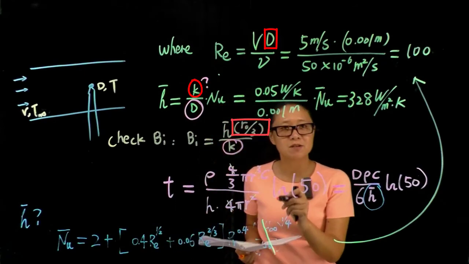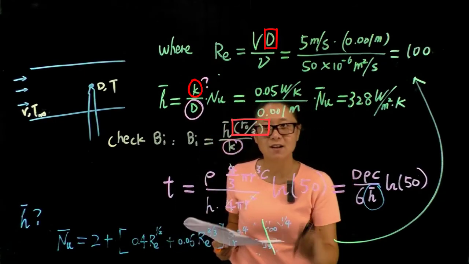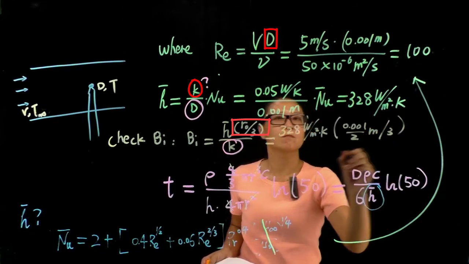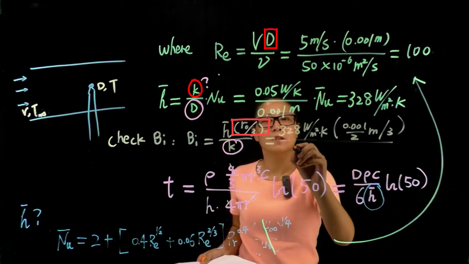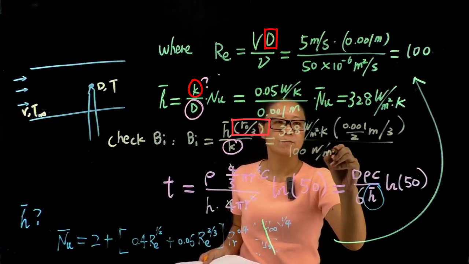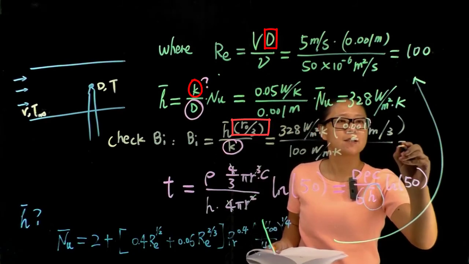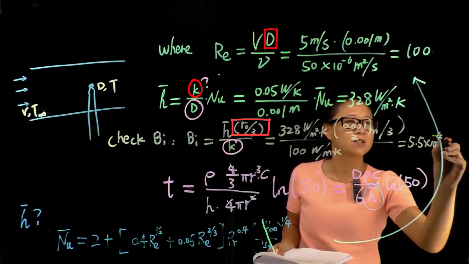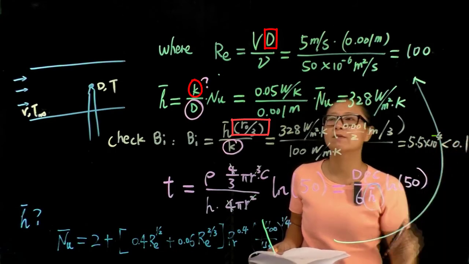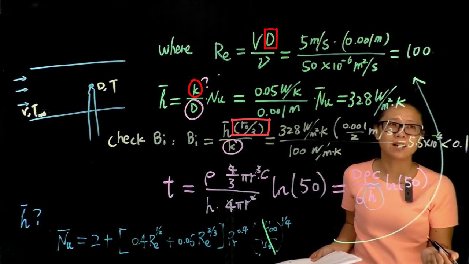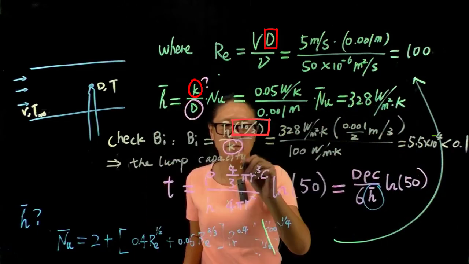Again, this is the thermal conductivity of the solid. This is 100. And we find out this is much smaller than 0.1. So we conclude the lumped system analysis can be applied to this case.